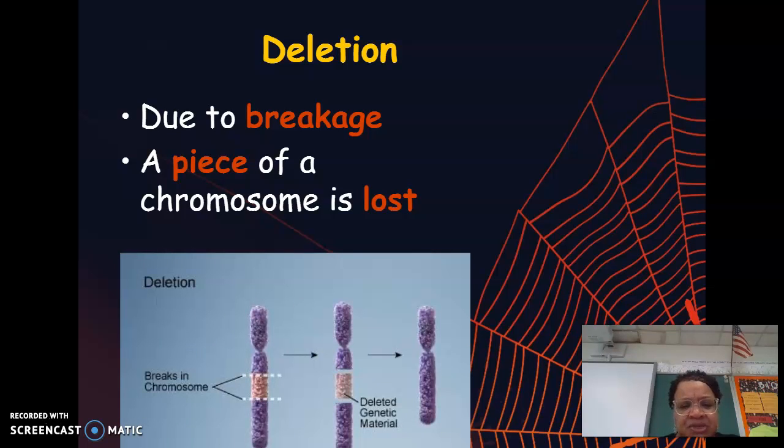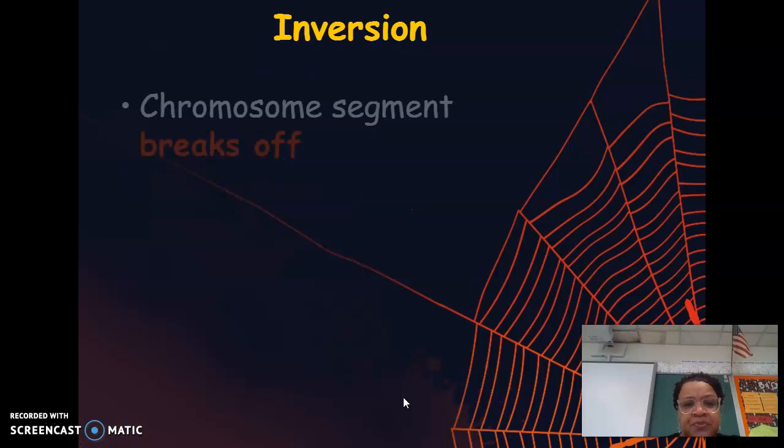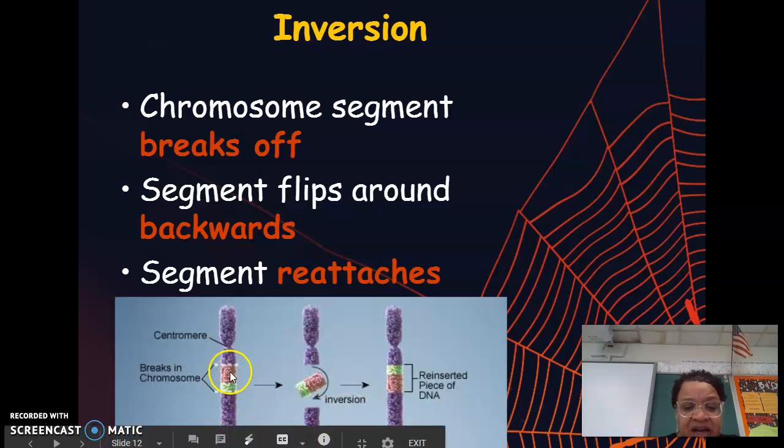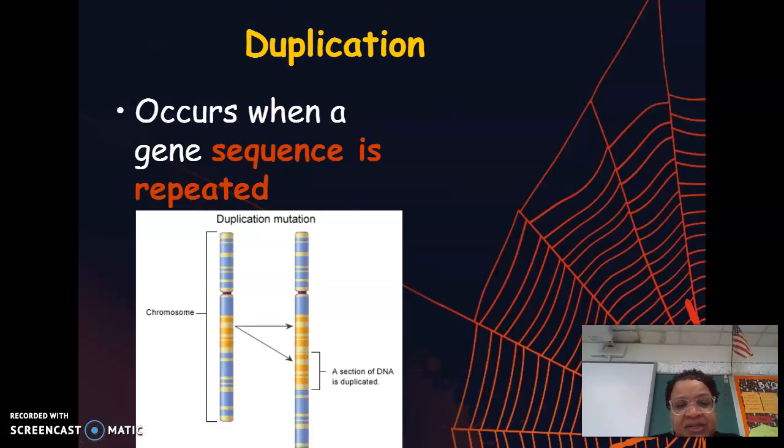A piece of that chromosome is lost, but the chromosome reattaches itself together, but that piece of DNA, that piece of gene, is actually deleted. An inversion involves the chromosome segment breaking off, flipping around, and reattaching itself. Duplication, exactly what it sounds like. The sequence is repeated.